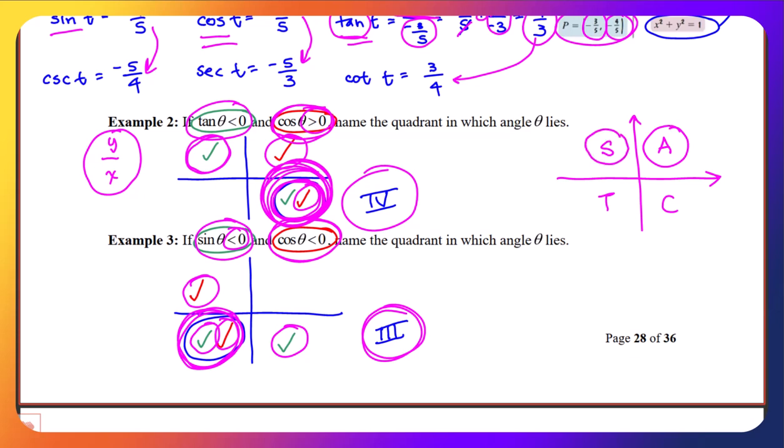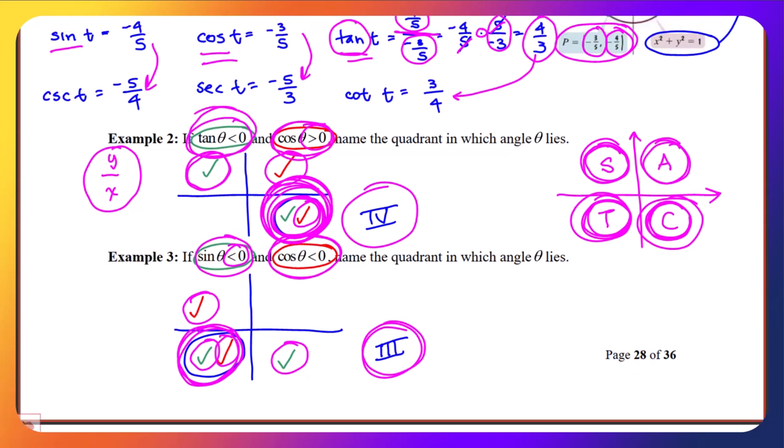Here sine is positive, and so is its reciprocal cosecant. Here tangent is positive, so is its reciprocal cotangent. And here cosine is positive, because x is positive, and so is its reciprocal secant. All students take classes.